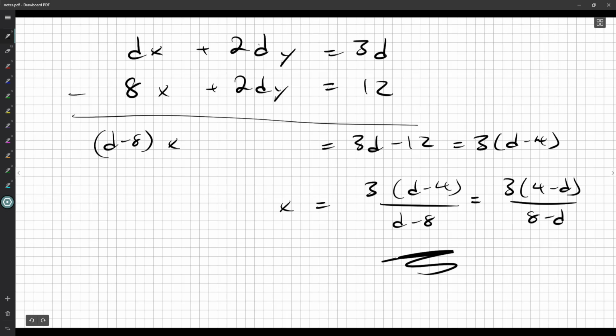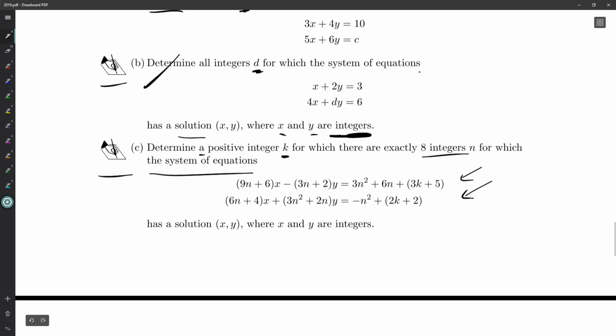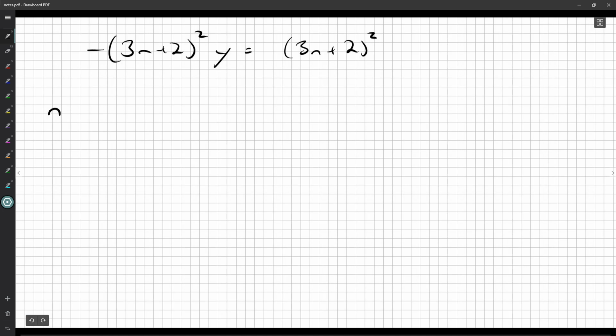So, what are we going to have here? So we're going to have minus 3n plus 2 squared y is equal to 3n plus 2 squared. n is an integer, I believe. Yeah. n is only going to be an integer.